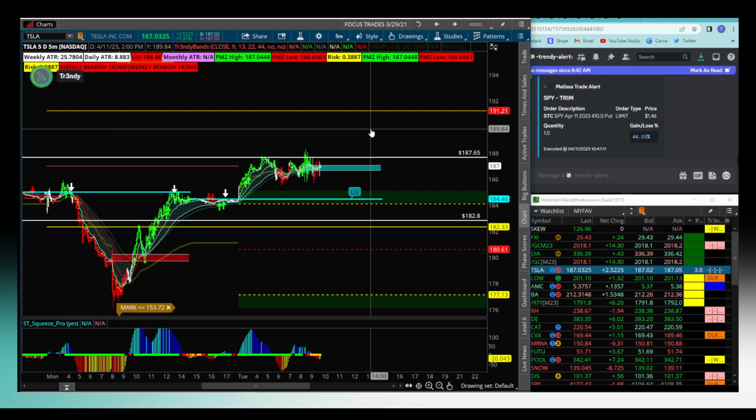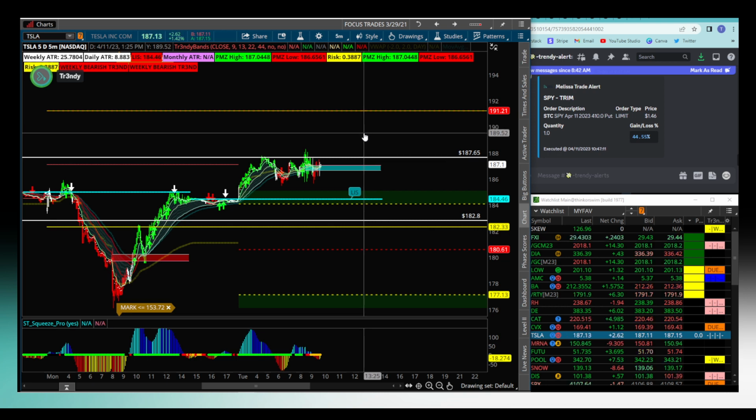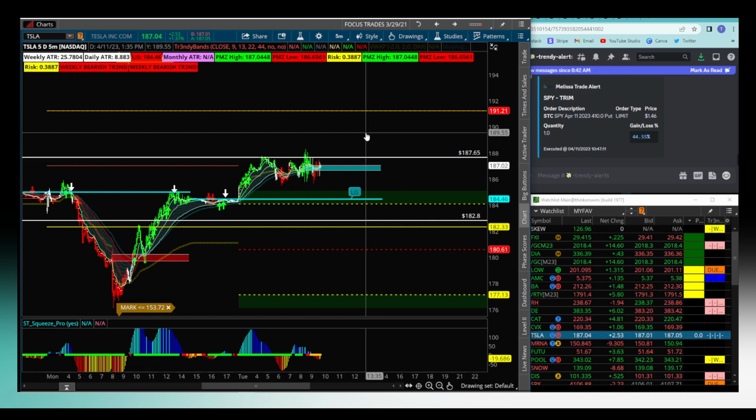I don't care. If they're not using supply and demand, folks, they are using what retail wants to hear. RSI, moving averages, all those type of things. I'm not saying they're wrong, but this clearly has an edge on it.